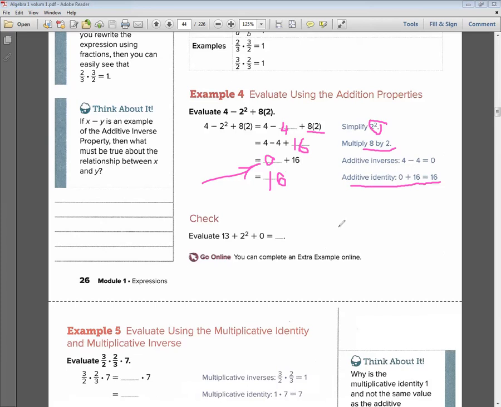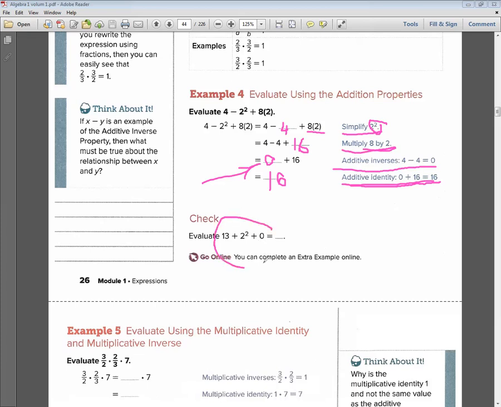Sometimes in the exam, they will ask you to write steps and reasons. Maybe the question will tell you to justify your answer. So first step here, simplifying 2 power 2. Second, multiply 8 and 2. Third, additive inverse 4 minus 4 equals 0. The last step is additive identity, 0 plus 16 equals 16.